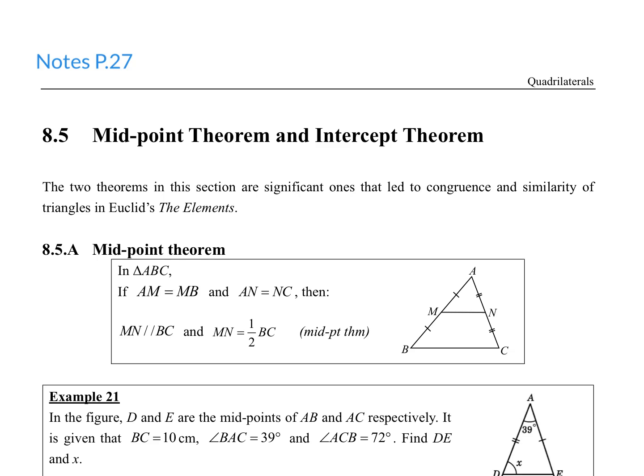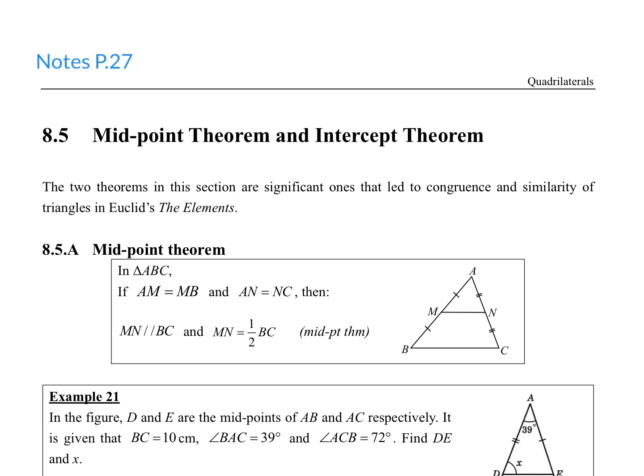So far we've learned about different quadrilaterals, and we now move on to another theorem which is closely related to quadrilaterals, but then it sort of stands alone as well, because the first part of the theorem actually concerns a triangle.